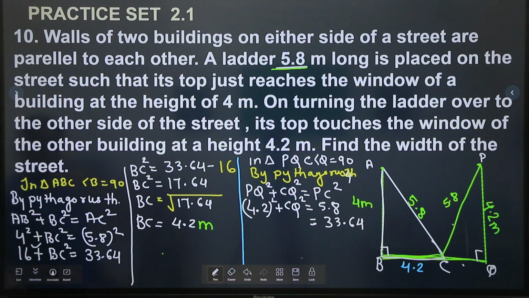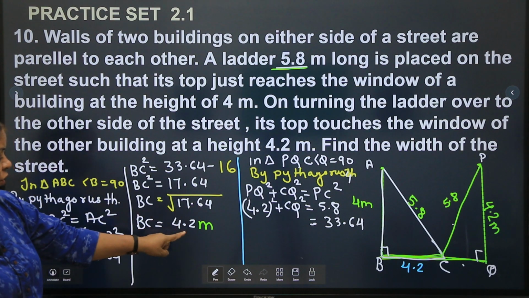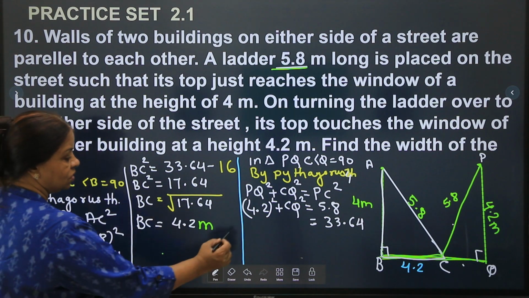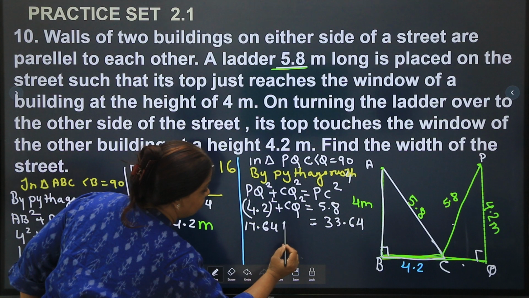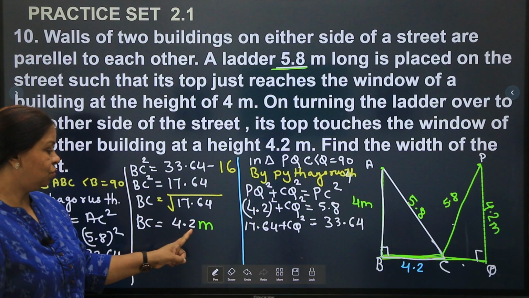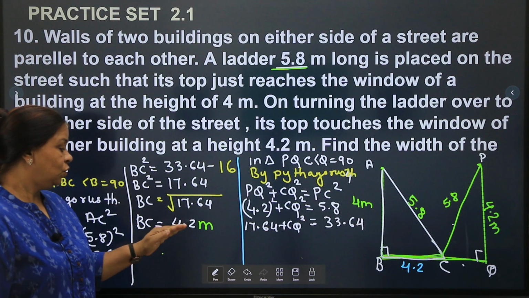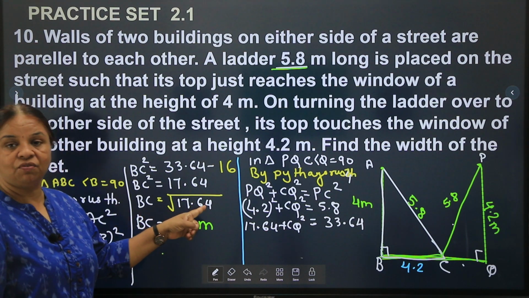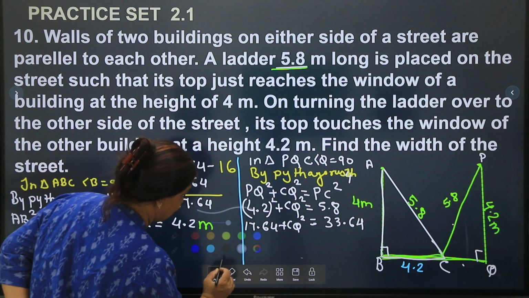And 4.2 we got here, the square is 1764. See, 4.2 we multiply, 1764. So here we will write 17.64 plus CQ square. See children, already we have got 4.2. The square root of 1764 is 4.2. The square of 4.2 is 1764. Clear?